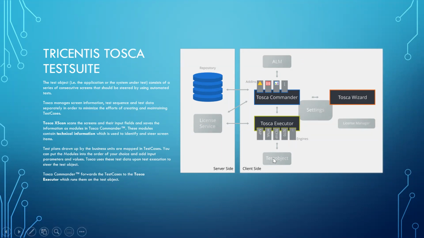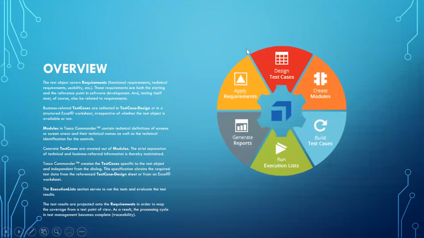So you have to scan the application, create the steps that you want to execute in the test case, and then run the test case to generate the report. Those are the simple steps you can do. So basically, you apply the requirements, design the test cases, create modules, and then build the test case, run the execution list, and generate reports.